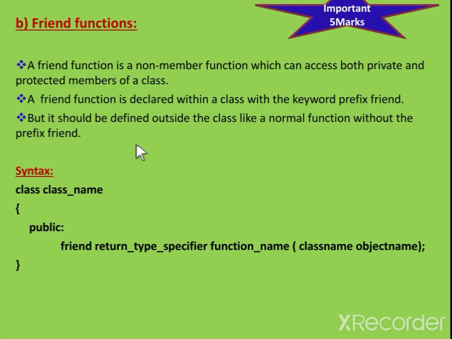So if any function is made a friend function, then that function can access both private and protected members. Then what do you mean by friend function? A friend function is a non-member function of a class that has access permission to the private and protected members of the class.